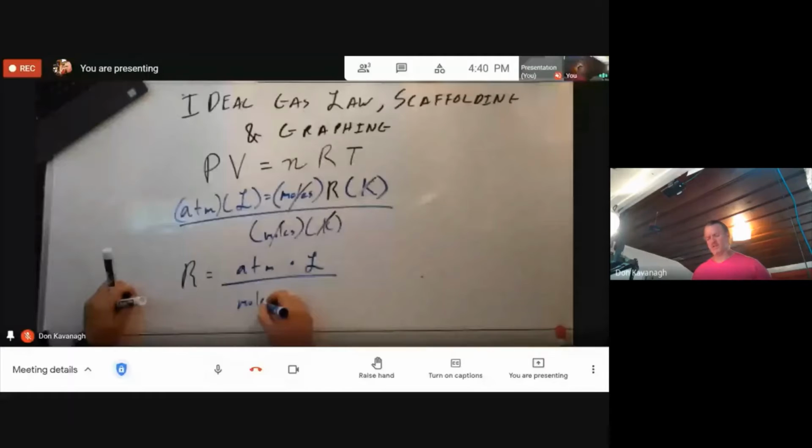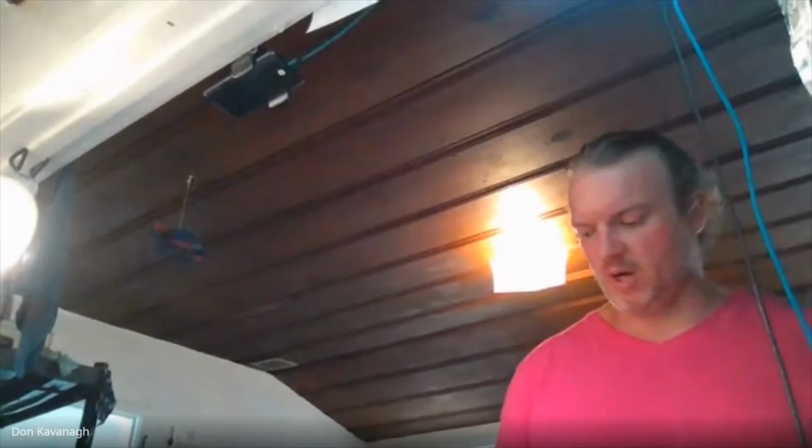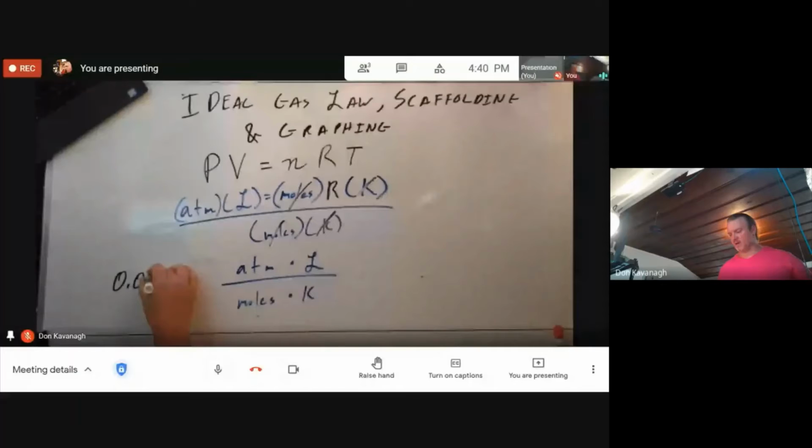Now, this is only a part of the puzzle. This constant R has a value associated with it: 0.0821 ATM times liters over moles times Kelvin. That is the full value in units for R, the gas constant.